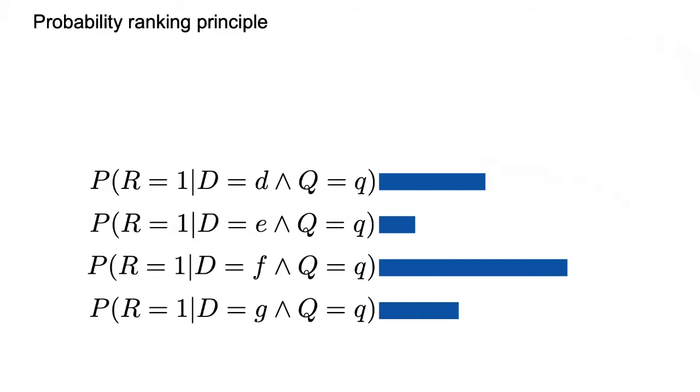Given this information, which are the probabilities of relevance of these documents, D, E, F, and G, and I have query Q now in my system that is incoming, what documents should be returned in what order? Given this information by the domain experts.